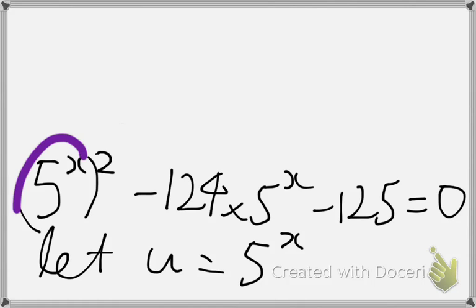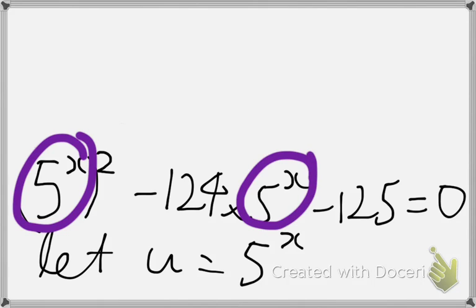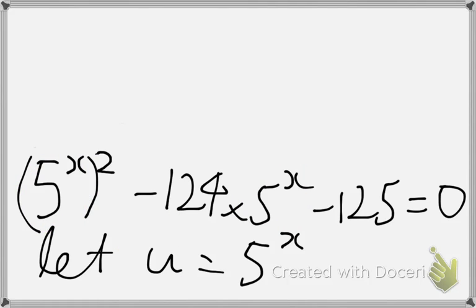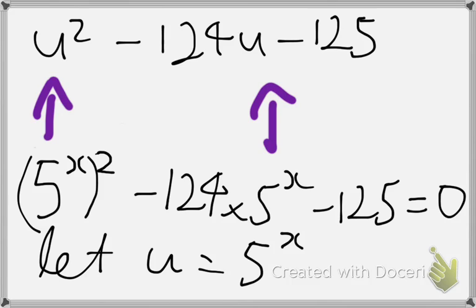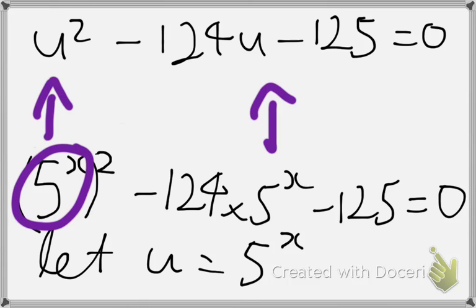So everywhere I see 5 to the power of x, I replace that with a u. This becomes u squared minus 124u minus 125. That's just replacing all the 5 to the power of x's with u's.